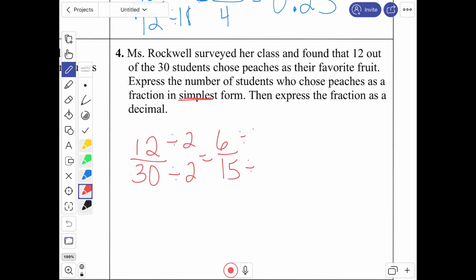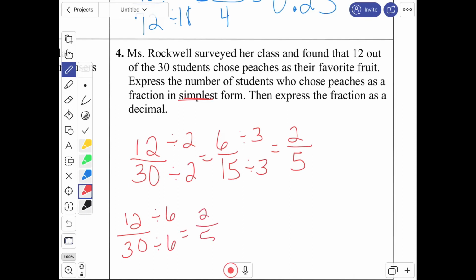And then I know that those will both divide by 3. 6 divided by 3 is 2. 15 divided by 3 is 5. Of course, the largest number that you could divide it by would be 6. And you could have gotten there in one step.